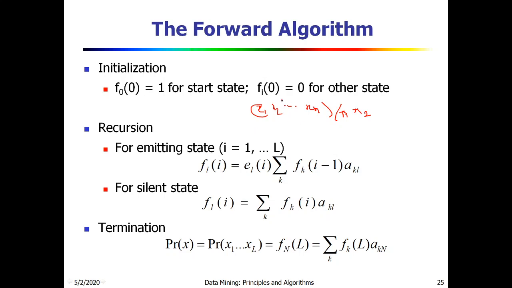Now for these states, from x1 to xn, every time the probability value of xi will always depend upon the xi minus 1 value.